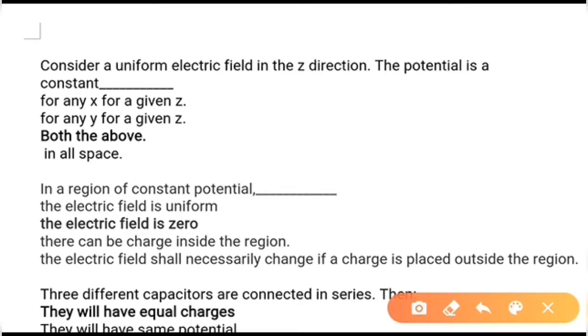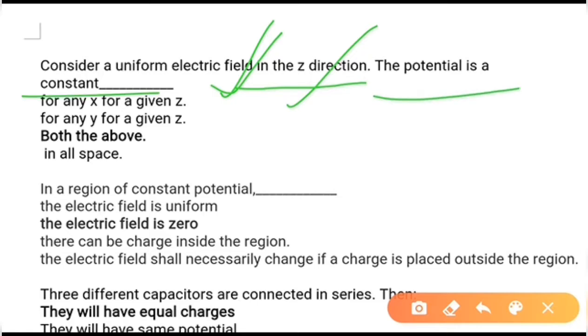The next question. Consider a uniform electric field in the z direction. The potential is constant in which direction? The answers are given. Here the electric field is in the z direction, so the potential is not constant in the z direction. Apart from the z direction, in all other directions the electric field is 0. If the electric field is 0, the potential will be constant.